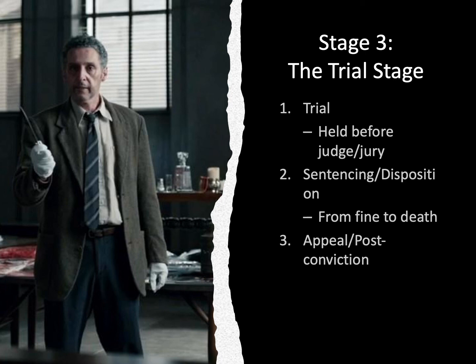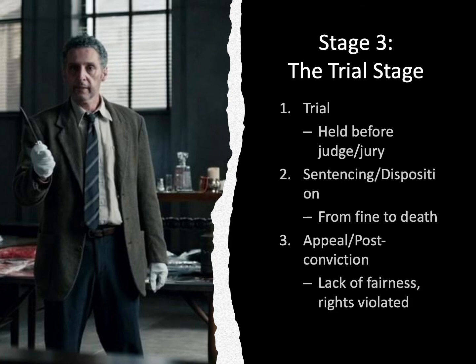After the sentencing, an individual will move on to the next stage, which is the correctional stage. But everybody has a right after conviction to appeal the decision of the jury. If you're found guilty, you have a right to one appeal, and you can appeal to the Intermediate Appellate Court.